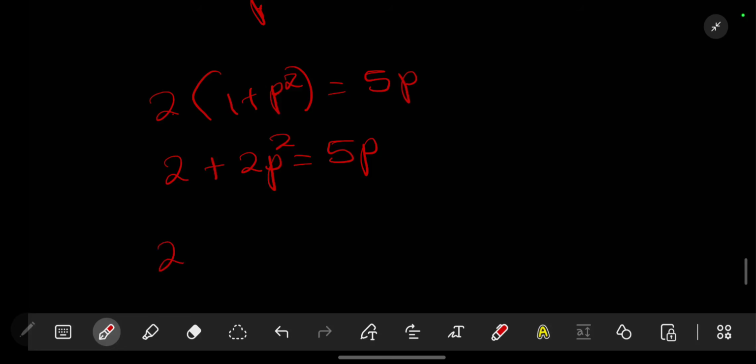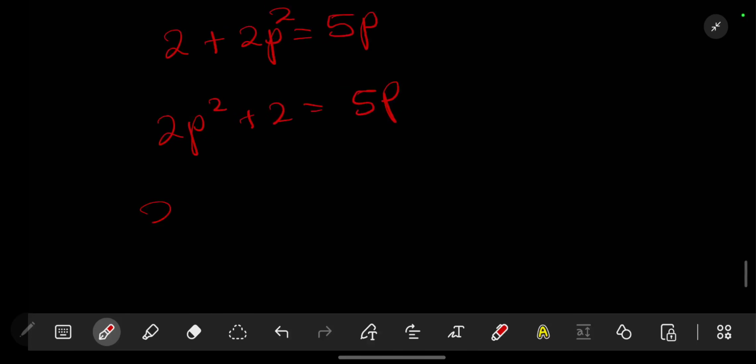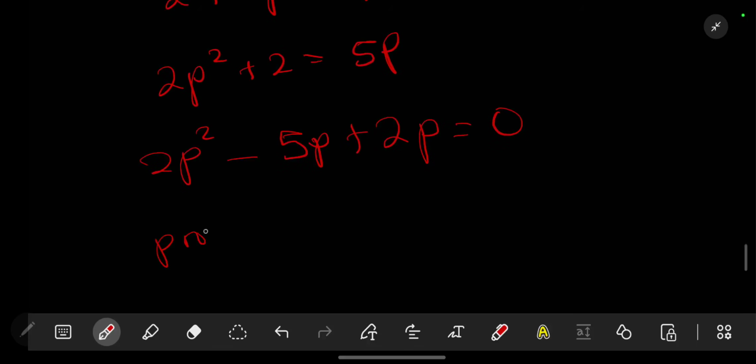Rearranging properly, this gives us 2p squared plus 2 should be equal to 5p. We have 2p squared, then minus 5p when this comes this side, plus 2 should be equal to 0. So two numbers, we multiply them, so the product is AC, which is A equal to 2 times C, which is 2, equal to 4.